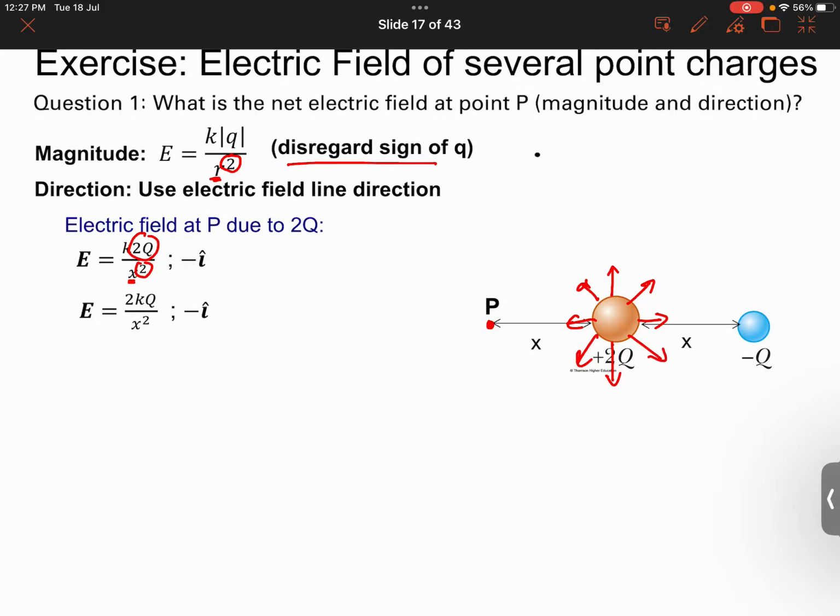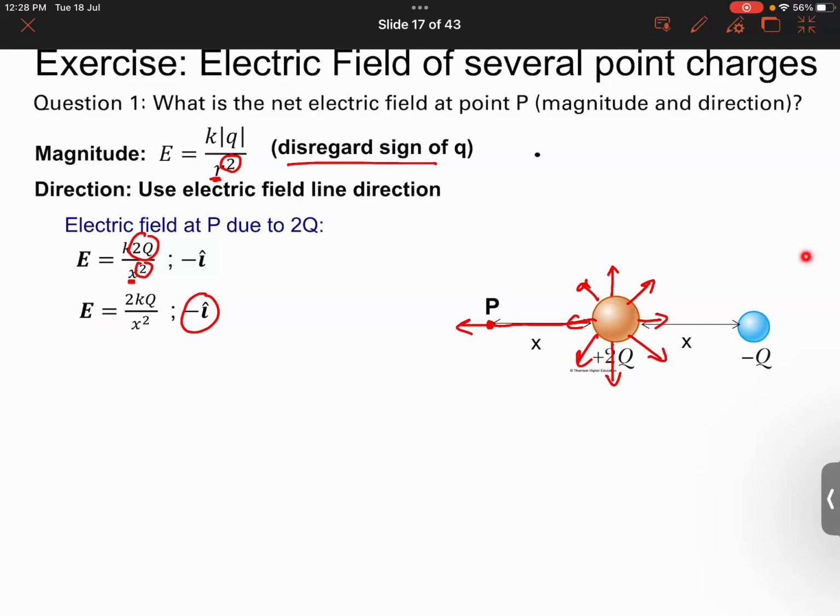Of course, the electric field will permeate through space, passing through point P. And so at point P, the direction of the electric field is pointing to the left, and that's why you have this negative i hat direction. So this is the electric field for the charge +2q.